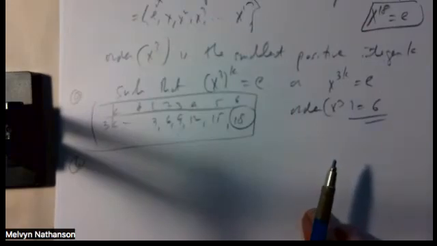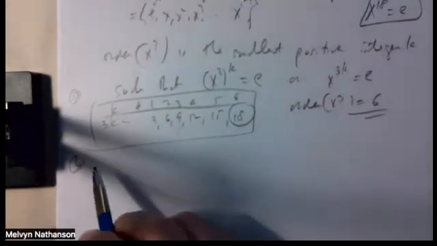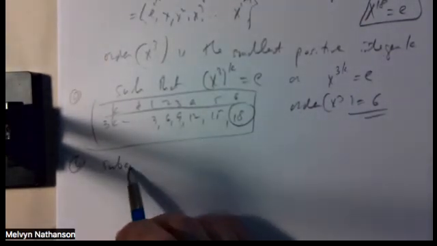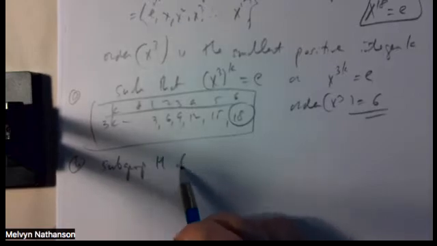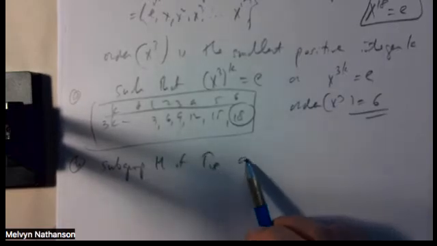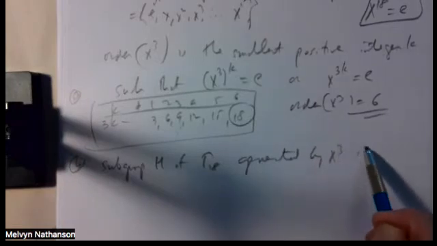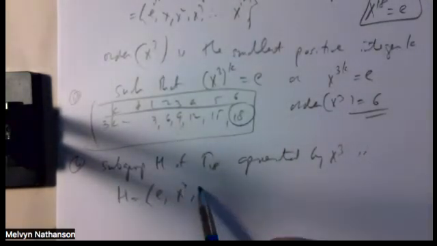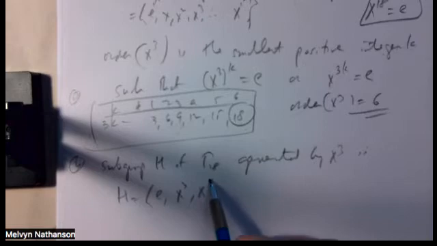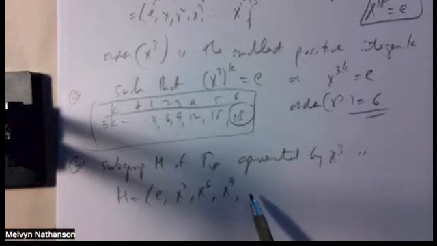And in part B, define the subgroup H of gamma 18 generated by x cubed. You just take the powers of x cubed. You have e, x cubed squared, which is x to the 6th. These are just the multiples of x cubed.